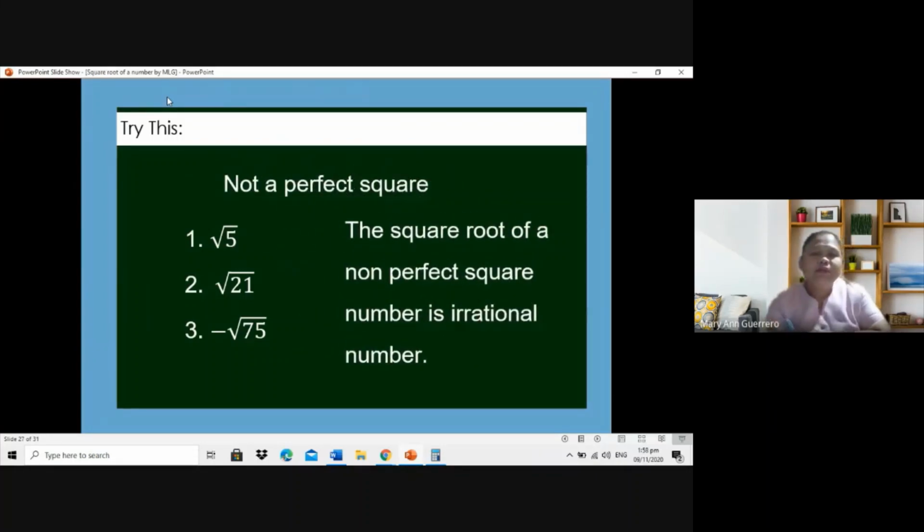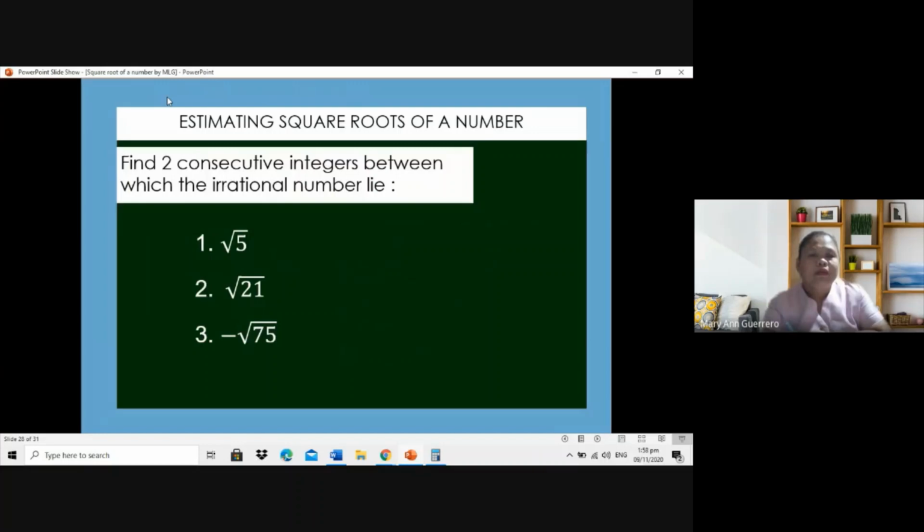Okay, the square root of a non-perfect square number is irrational number. Okay, to estimate the square root of a non-perfect square number, find the two consecutive integers between which the irrational number lies. Again, the value of these numbers are irrational. So to estimate, we can find two consecutive integers.